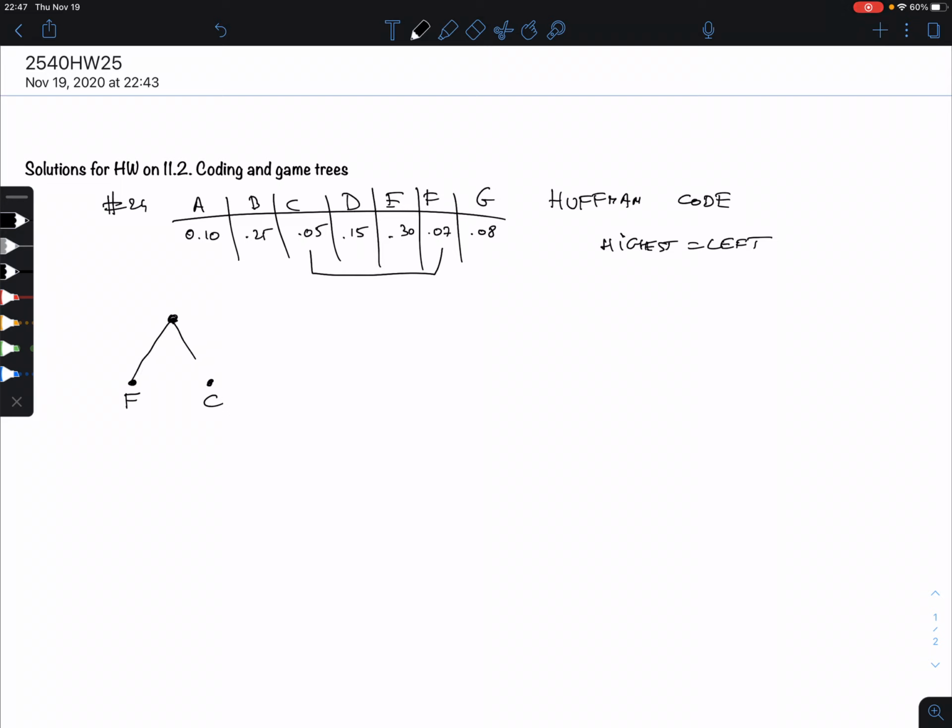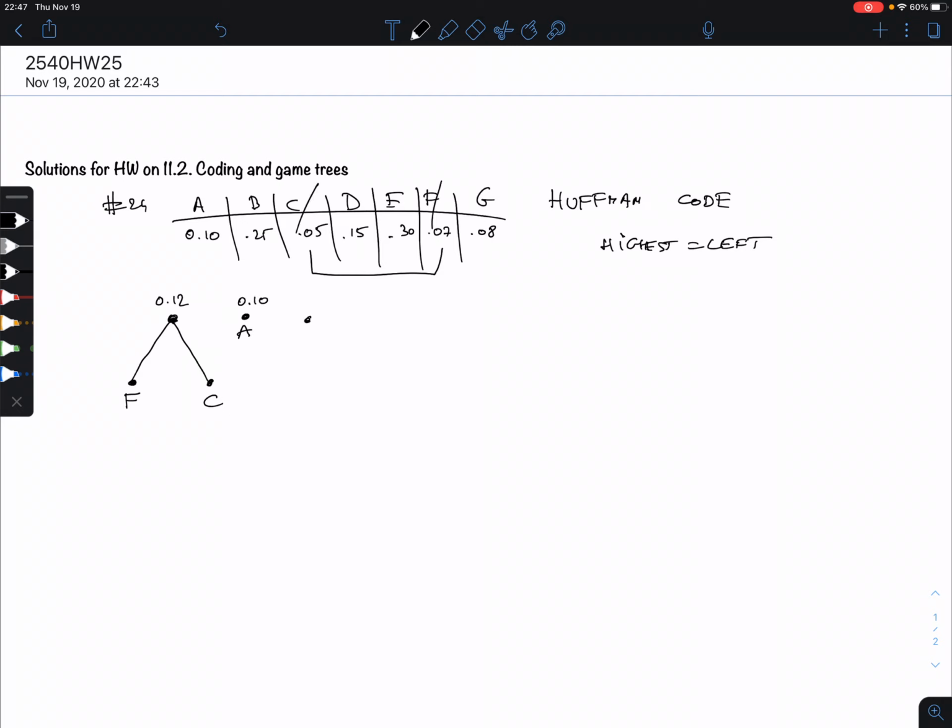Now this tree, we put them in a bag, and so we put the two weights together. There's now weight 0.12, and then let's draw the other guys. We have A still. So these two are gone now.